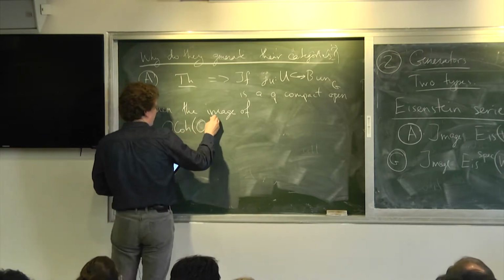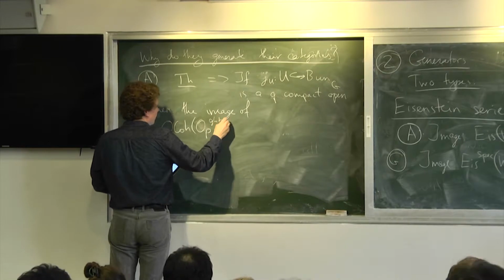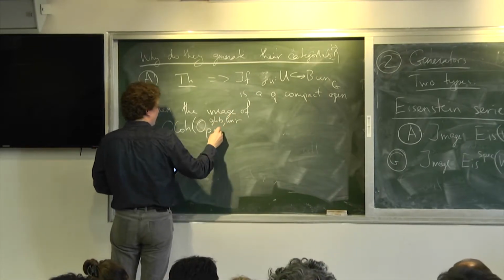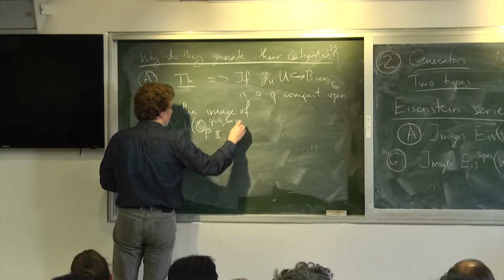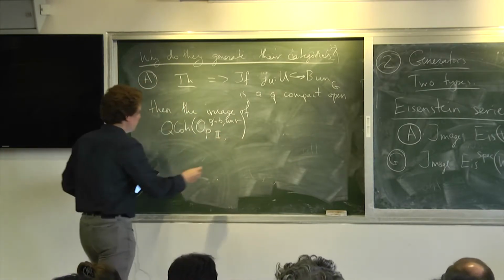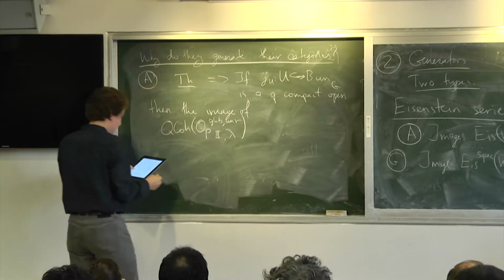There are these opers, global and ramified, a bunch of points, types of singularities. So I think Dennis said to call them lambda.